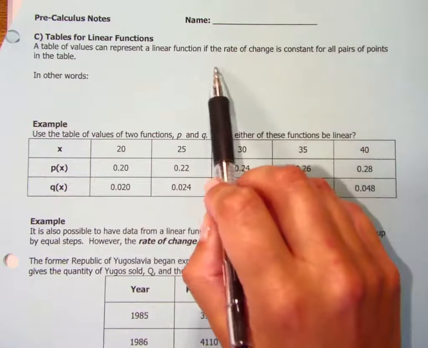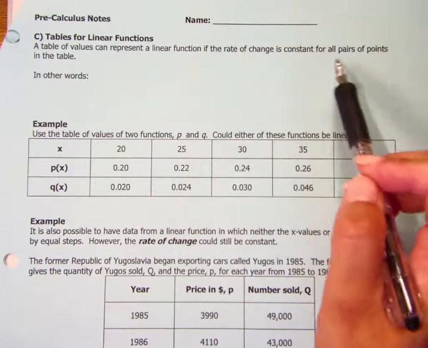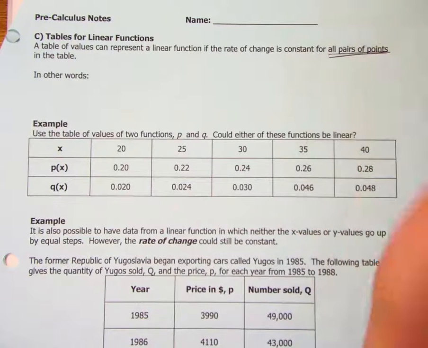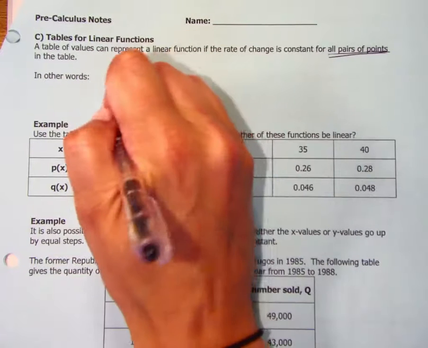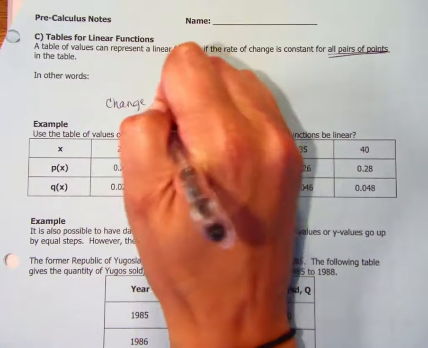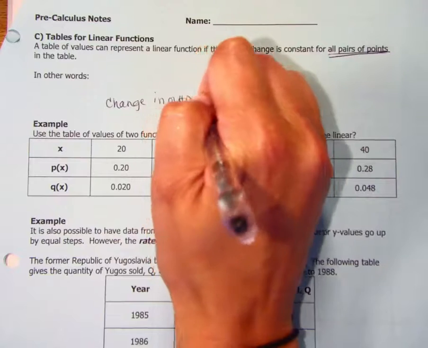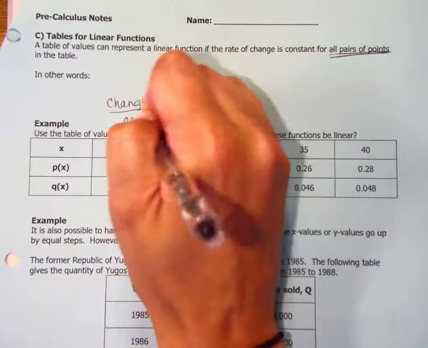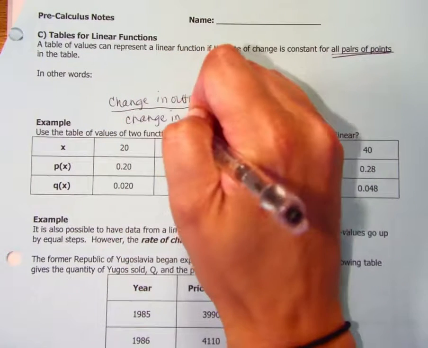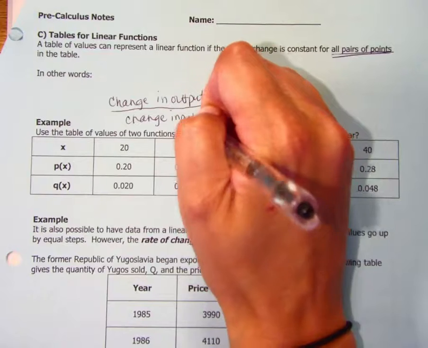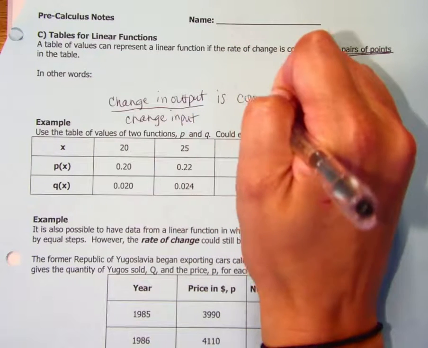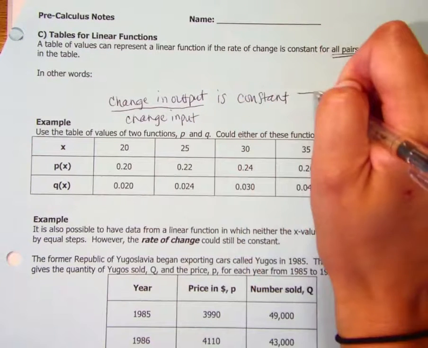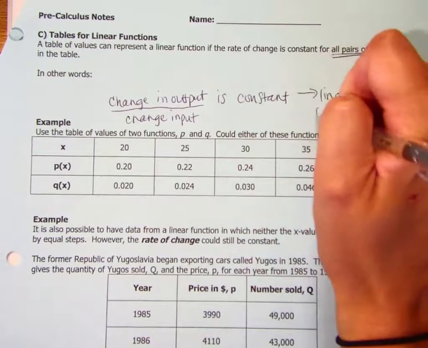We've already mentioned this, but if the rate of change is constant for all pairs of points in the table, then it's going to be a linear function. So if your change in output over your change in input is constant, then you have a linear function.